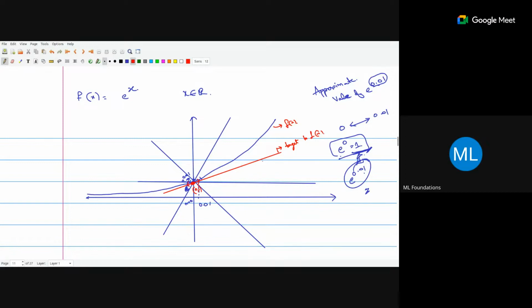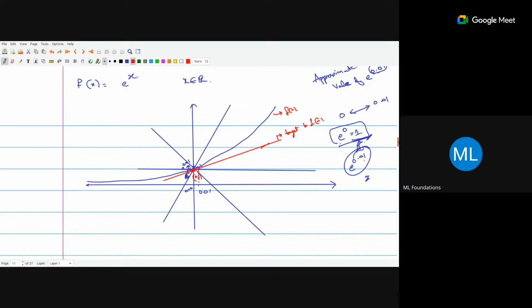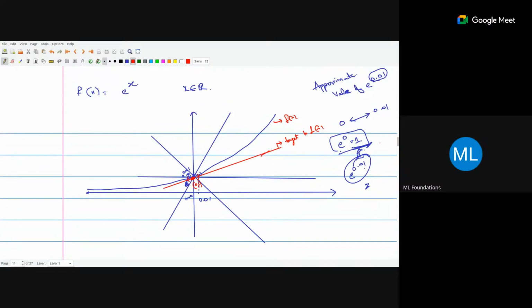We are interested in finding this tangent line, and we will call it the linear approximation to this curve at the point x equals 0. So let me compute that. Now, are you getting something about this linear approximation?